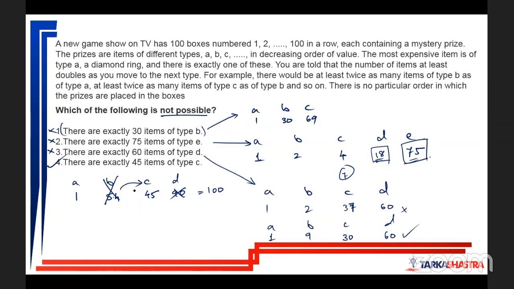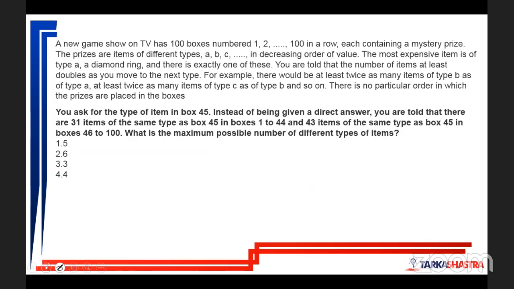Okay, very easy set. Last question. You ask for the type of atom in box 45. Instead of being given a direct answer, you are told that there are 31 items of the same type as box 45 in box 1 to 44.